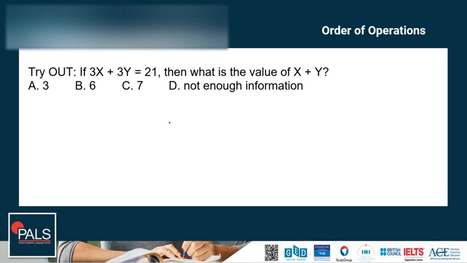Now, everyone's first impulse on a problem like this is to pick choice D, not enough information is given. After all, there are two different variables, x and y. So unless we know what both variables are, how can we figure out the problem? The answer is the distributive property.